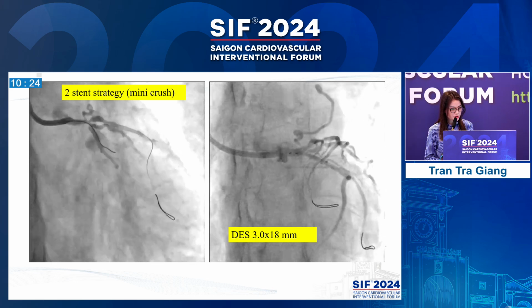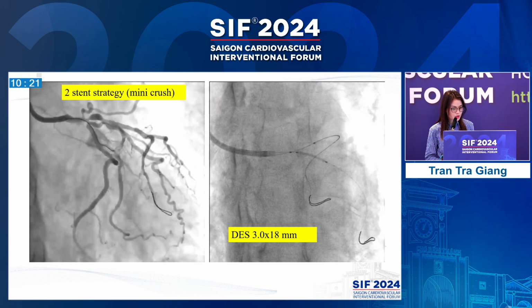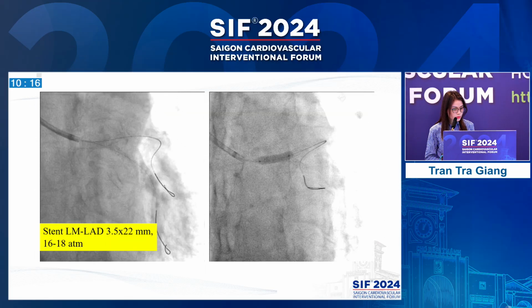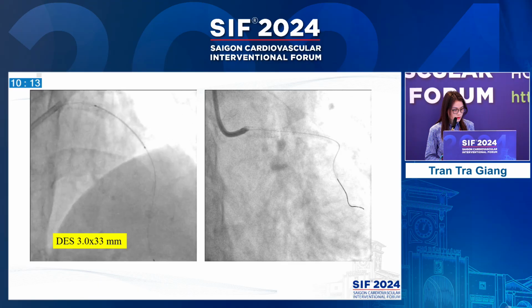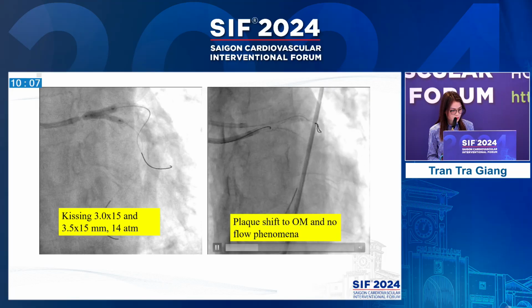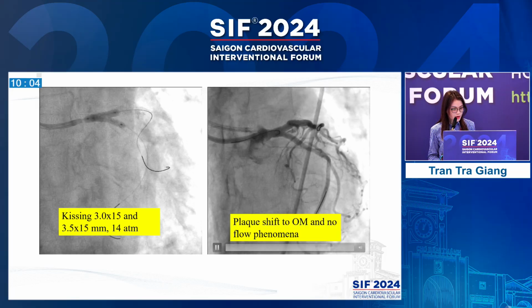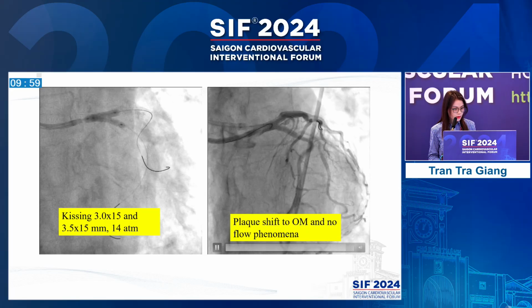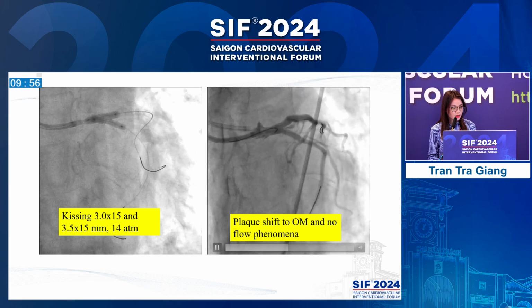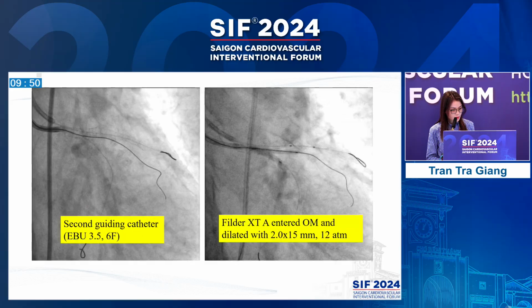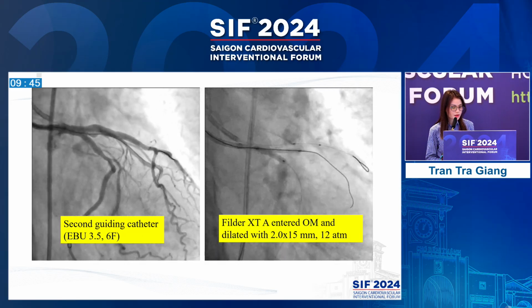Then stenting with mini-crush with a 3.0 18 mm stent. After kissing balloon, you see the OM lost. The patient had chest pain and ST elevation in the ECG. Another guiding catheter was inserted in the left main, and another wire was inserted into the OM, easily. I used a 2.0 15 mm semi-compliant balloon to open at 12 atmospheres.